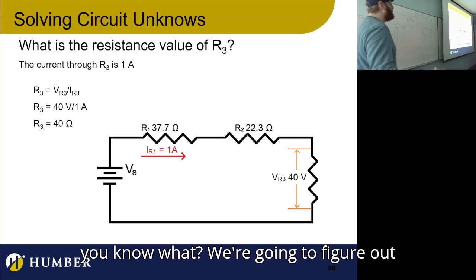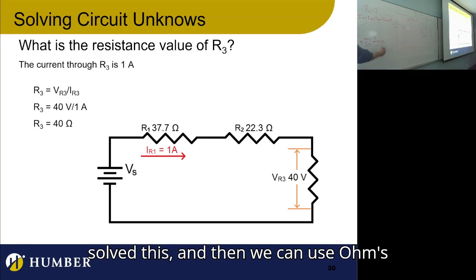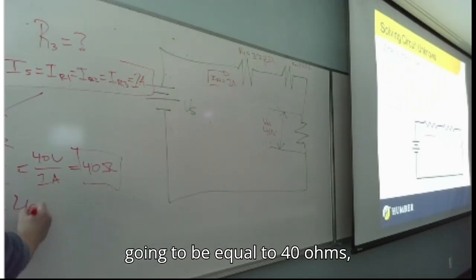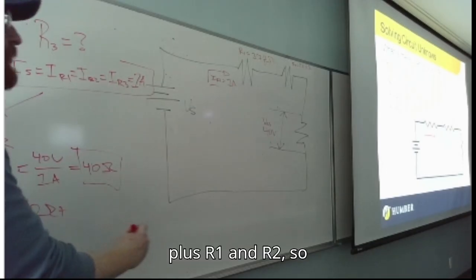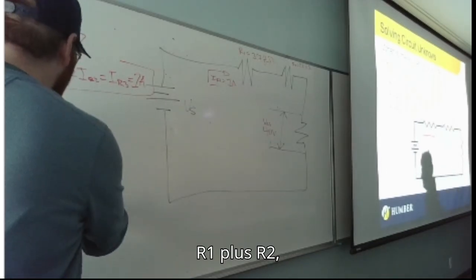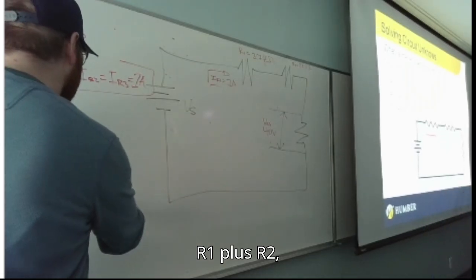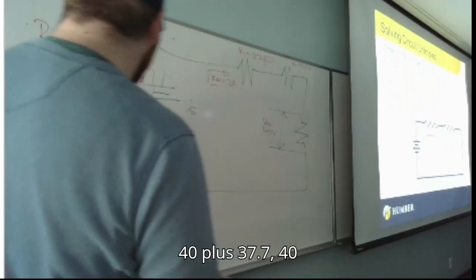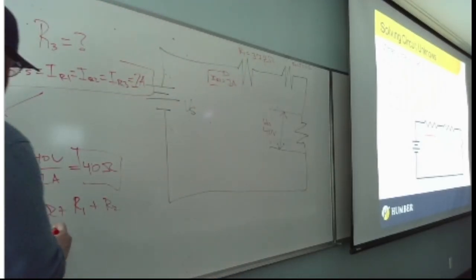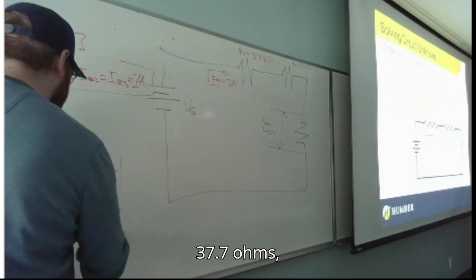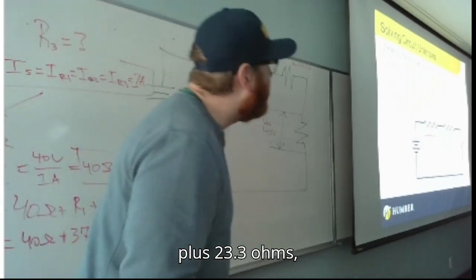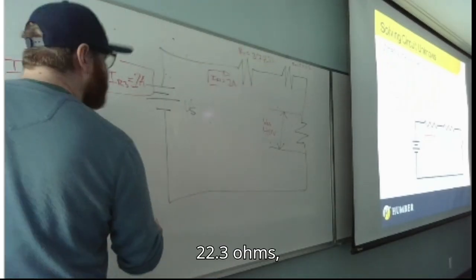Actually, you know what? We're going to figure out the total resistance since we already solved this. And then we can use Ohm's law. So resistance total is going to be equal to 40 ohms plus R1 and R2. So R1 plus R2, which is going to be equal to 40 ohms plus 37.7 ohms plus 22.3 ohms.